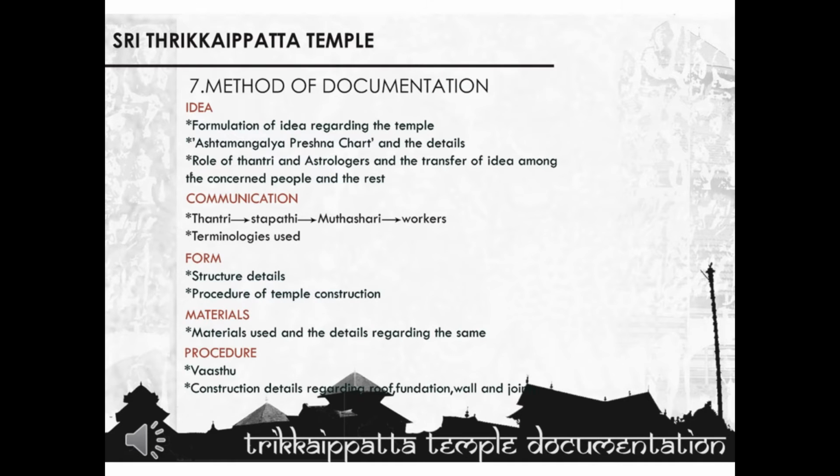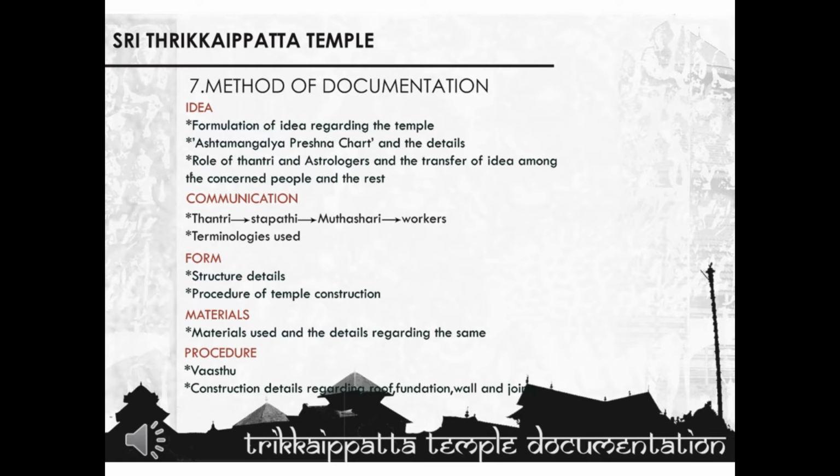As per the instruction of my mentor, we did documentation in four stages, which include idea, communication, form, and materials. Idea involves the formulation of the idea regarding the temple, the Ashtamangala Prashna chart and its details, the role of Tantri and astrologers, and the transfer of the idea among the concerned people and the rest.